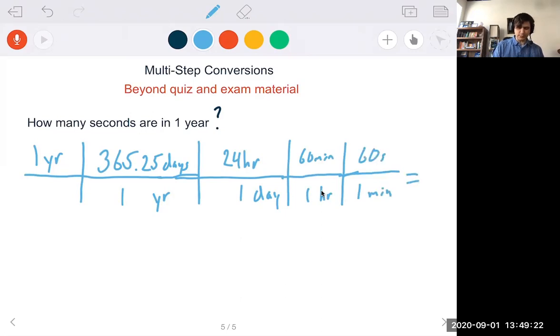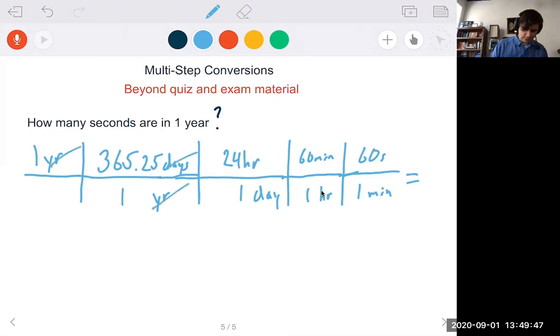What would that equal? You'd multiply across the top, divide by the bottom. So I'm going to break out my trusty calculator here. Always good to have one of these. So I would have 1 times 365.25 times 24 times 60 times 60, all divided by 1.